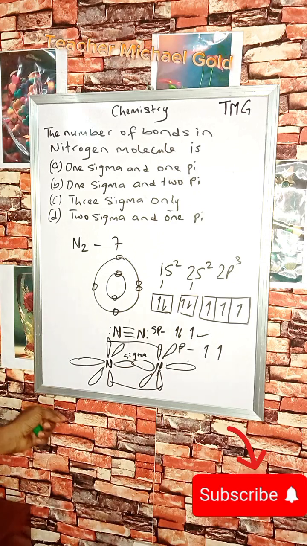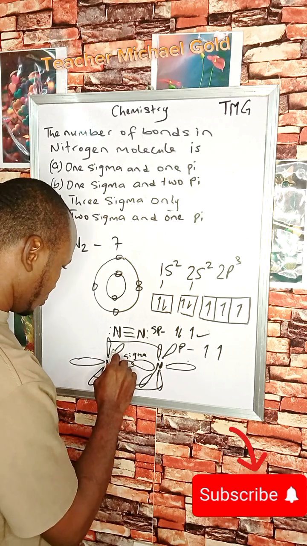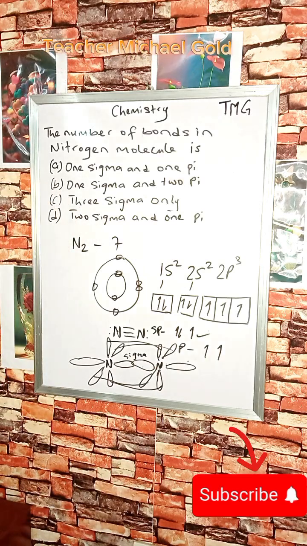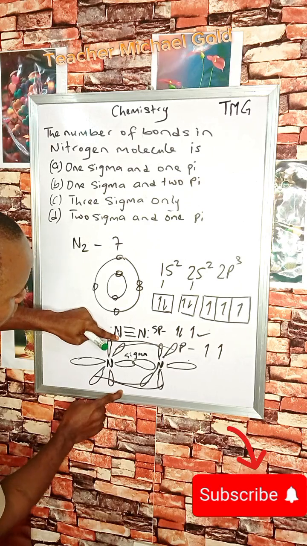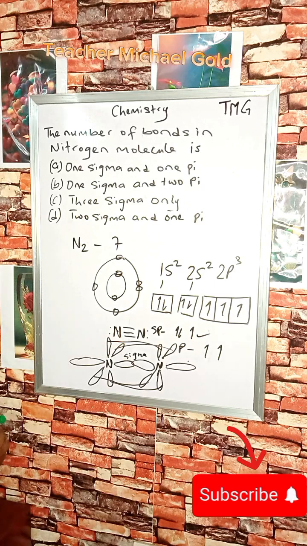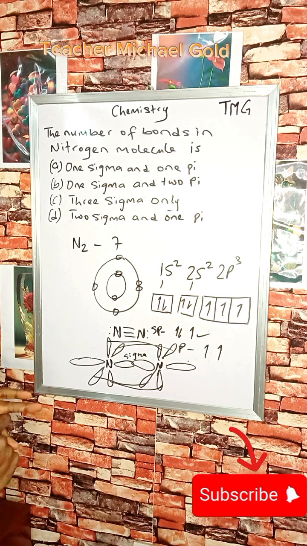They will also overlap. The first overlap is one of the pi bonds, and the second is another pi bond, which makes up that nitrogen has two pi bonds and one sigma bond.